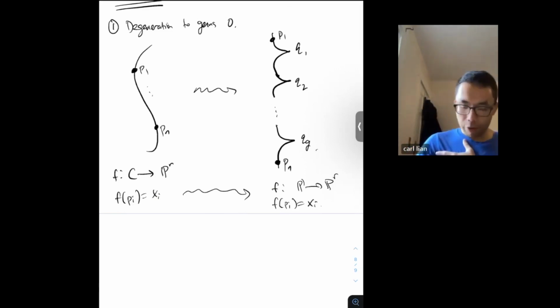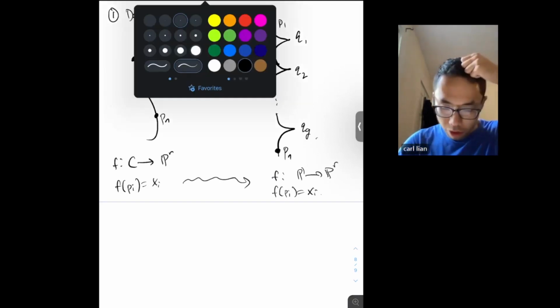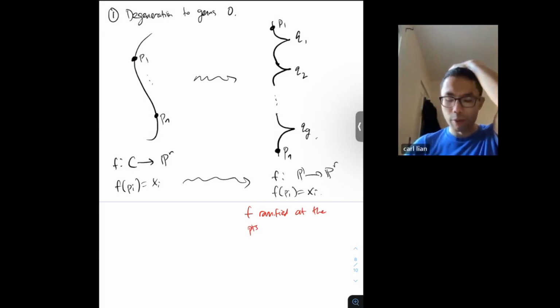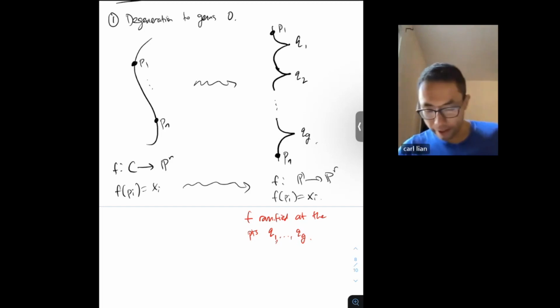But this is a map out of a cuspidal curve now, and there'll be an additional condition in the limit, which is that f is ramified at the points, or I guess the preimages under normalization, at the points Q1 through QG. And by ramified here, I mean that the tangent vector at P1 goes to 0 under f. So that's R conditions.